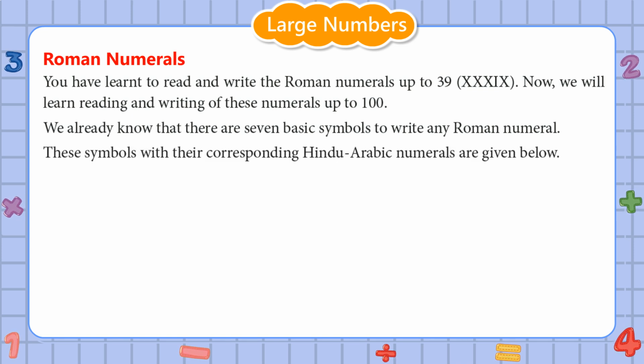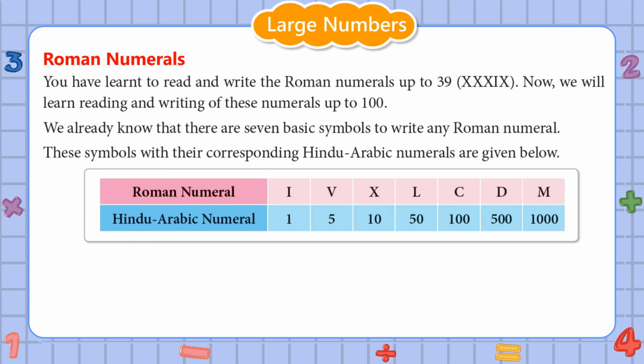These symbols with their corresponding Hindu-Arabic numerals are given below. Roman numeral, Hindu-Arabic numeral: I, 1; V, 5; X, 10; L, 50; C, 100; D, 500; M, 1000.